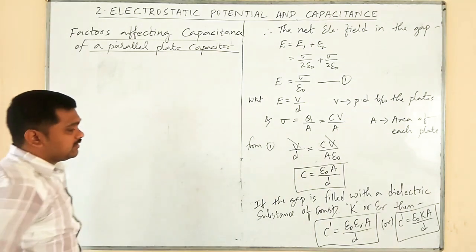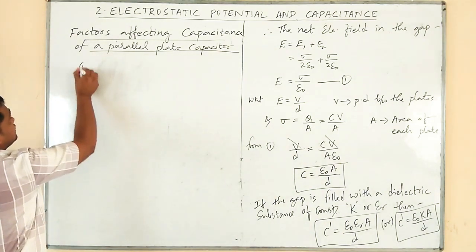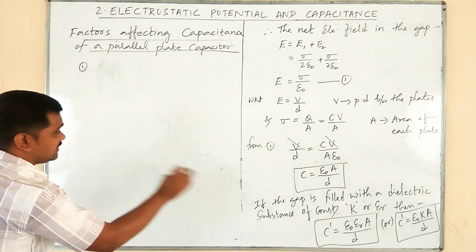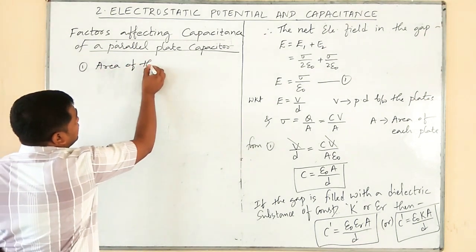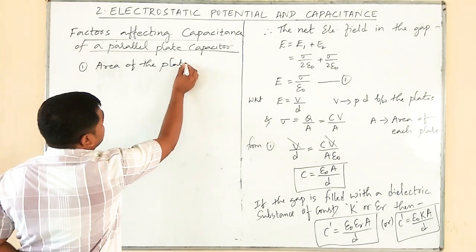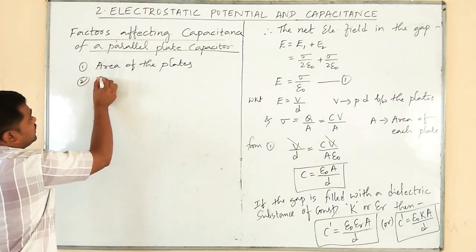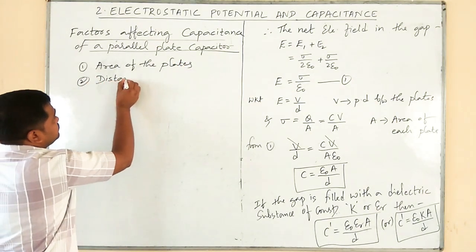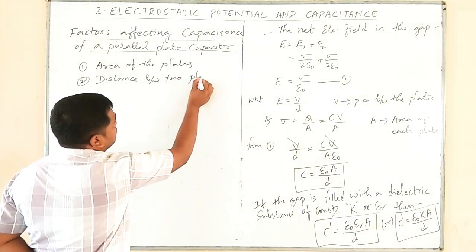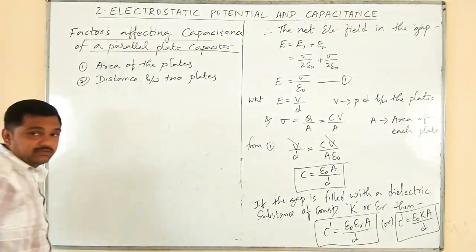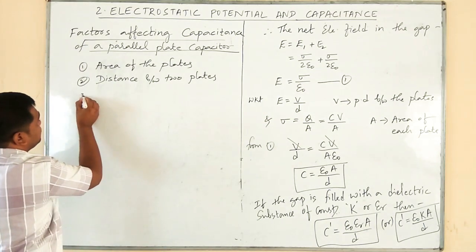From that equation, we can say the first factor that affects the capacitance is the area of the plates. The second one is the distance between the two plates, or separation between the two plates.